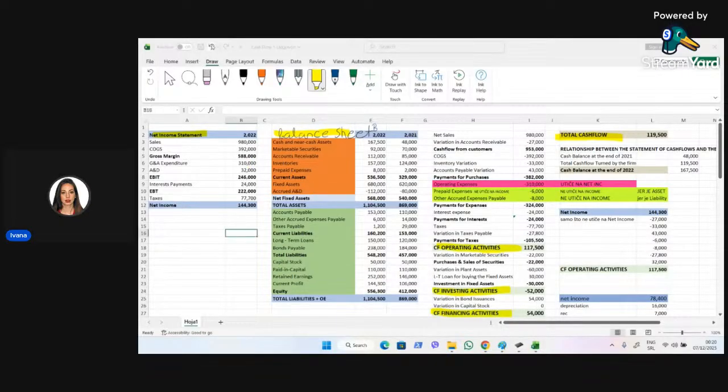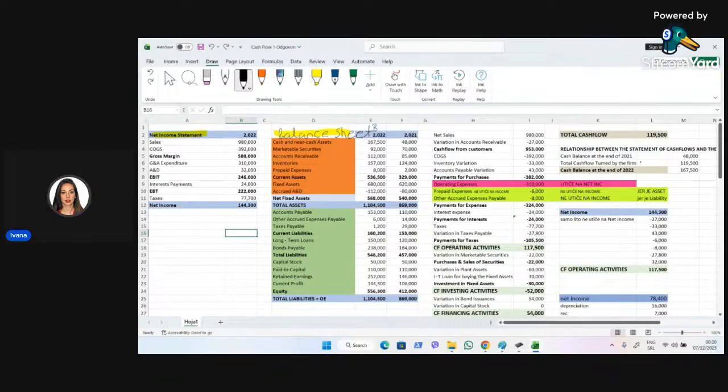Okay, and let's have a check. Okay, so this is the relation between the statement cash flow and the balance sheet. Cash, and it's some kind of control or test if you have done everything well.